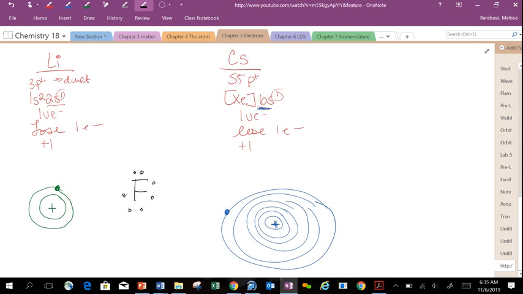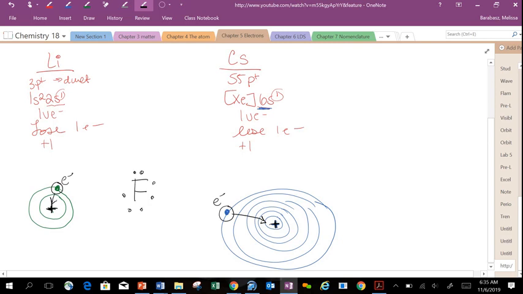So we have to think about this. We have these valence electrons here, and we have to think of what's holding on to them. Electrons are negatively charged, which means something positive in the atom is holding on to the electrons. We know the nucleus is positive, so the nucleus is what's pulling on this electron.